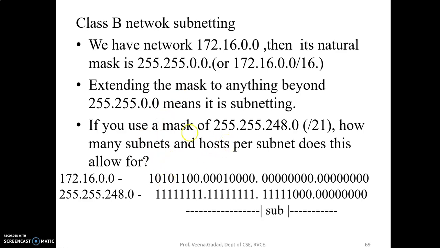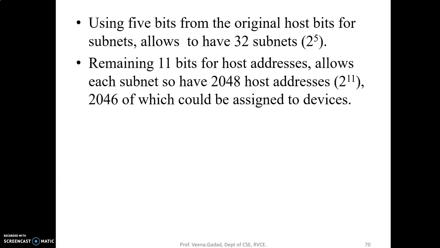So if I make use of a mask like 255.255.248.0, what does this mean? I am creating 2 to the power of 5 subnets, that is 32 subnets, and each of these subnets will have 2 to the power of 11 minus 2 hosts, right?